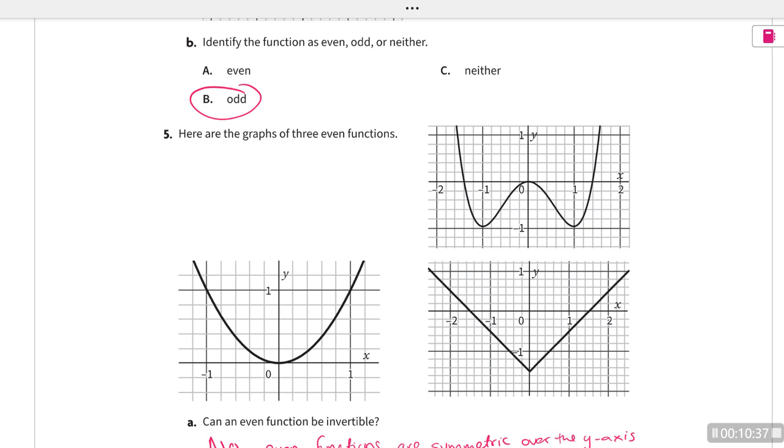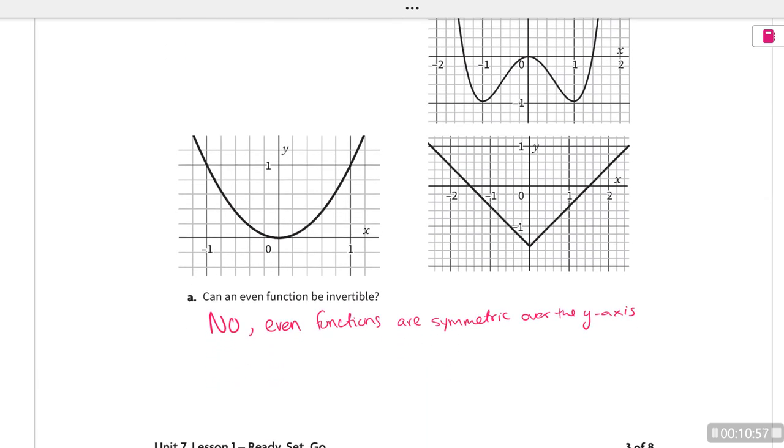Never both of those. So I'm never going to have a situation where, when I flip it over the x and y axis, it remains in that same quadrant. Once I flip these graphs over the x-axis, they're no longer going to be the same. So they are not invertible, meaning the inverse is not a function.